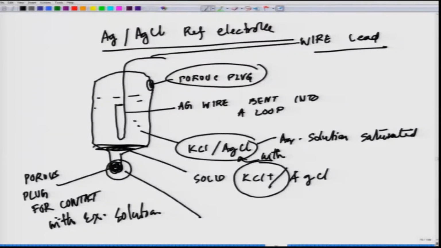For example, if an electrode has a potential of say minus 0.461 volt with respect to the calomel electrode, what is the potential with respect to silver chloride electrode? What would be the potential with respect to standard hydrogen electrode? You can always calculate it. Remember this question and try to solve it by yourself.